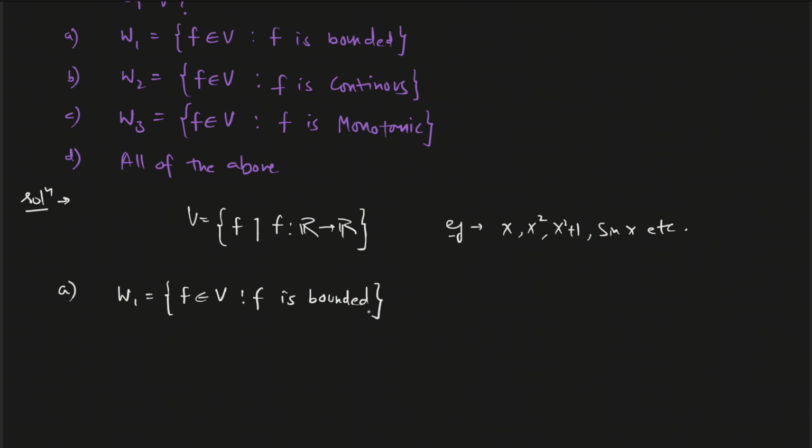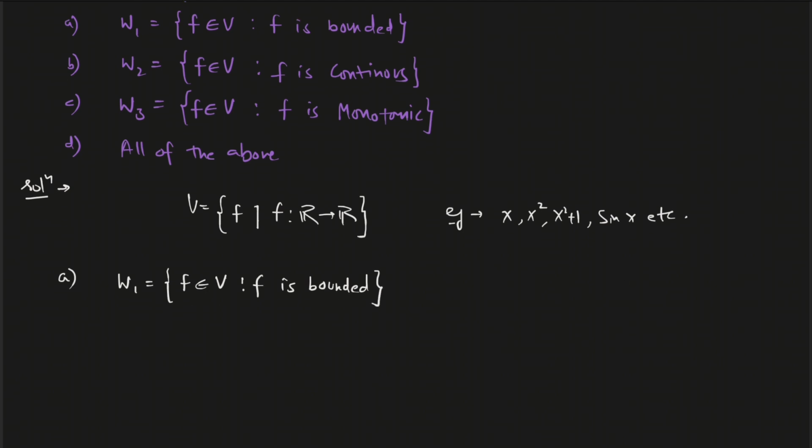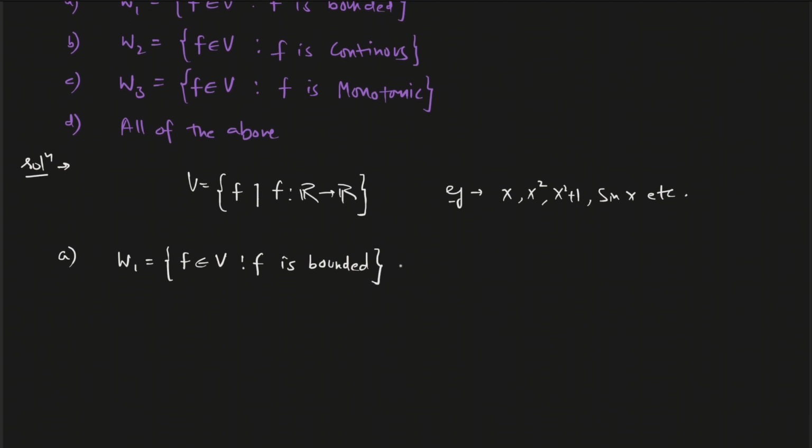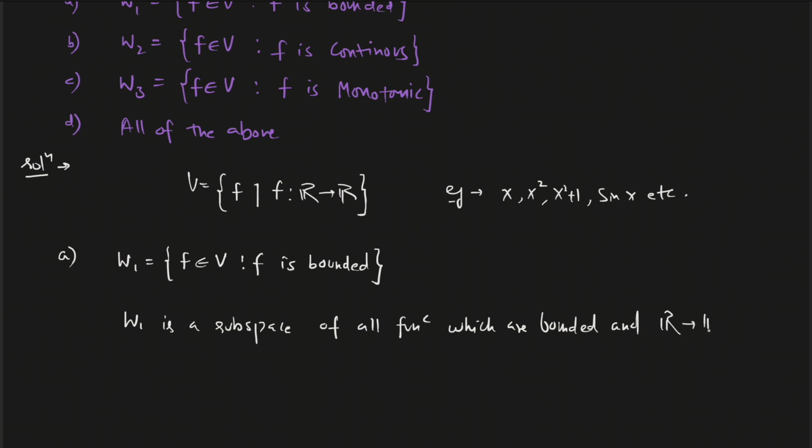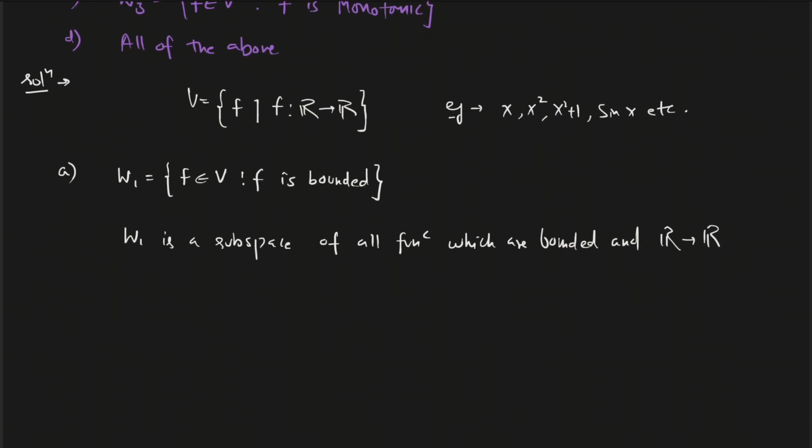So basically, W1 is a subspace of all bounded functions mapping from R to R. So is it a subspace?